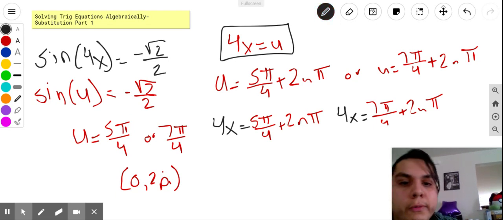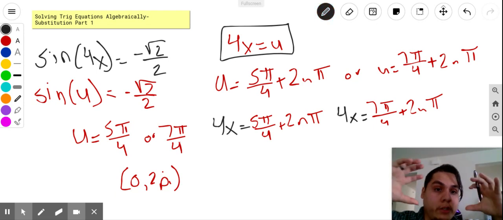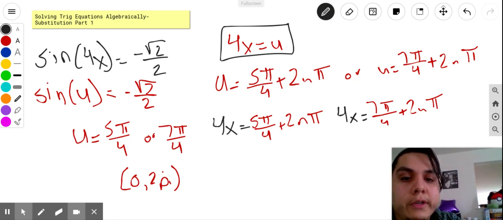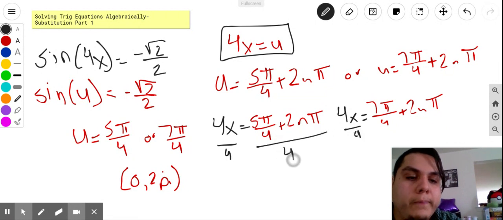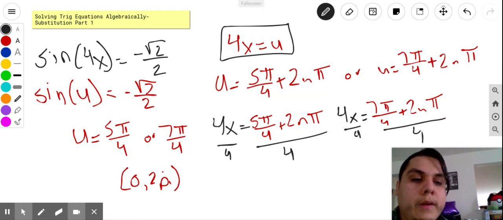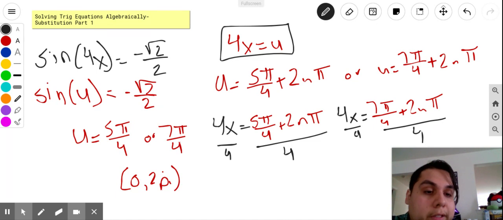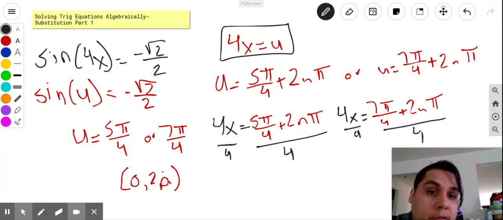So as a result, because I recognize this as a horizontal compression, I'm going to go ahead and divide everything by 4. And because I'm going to flex my fractions, dividing by 4 is the same as multiplying by 1/4.